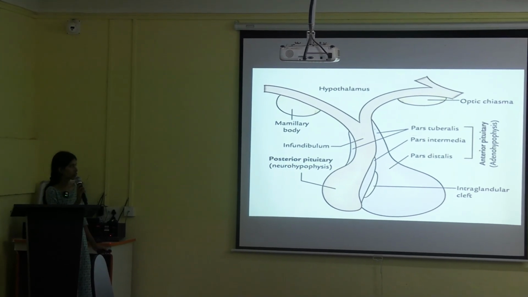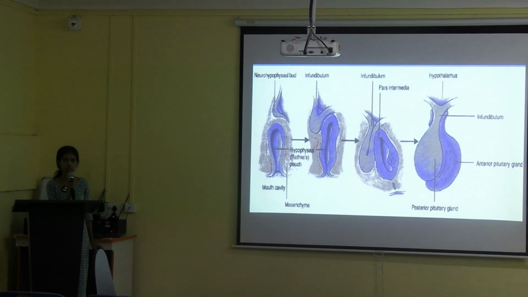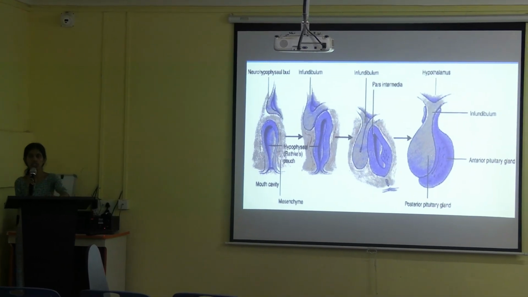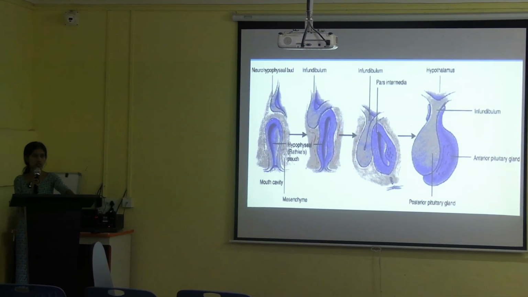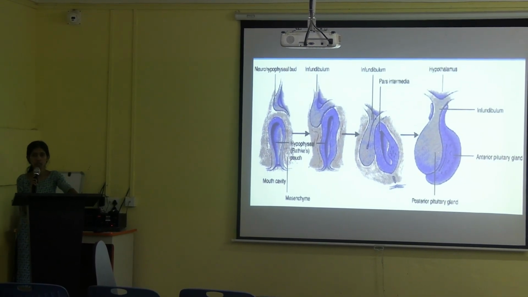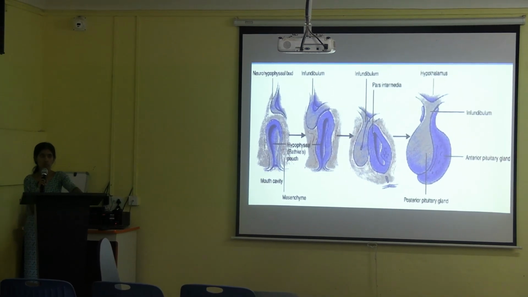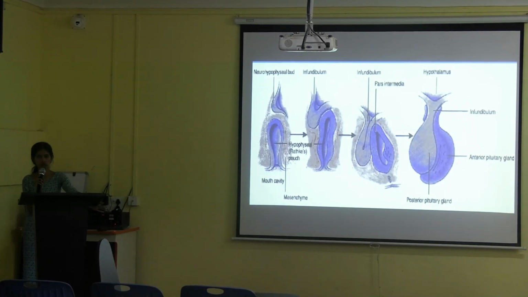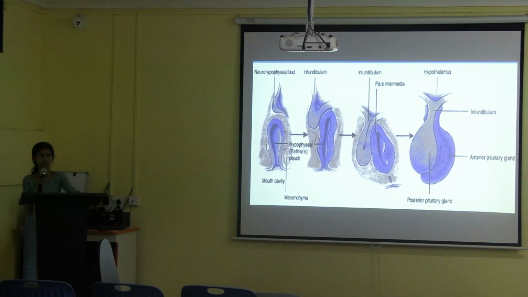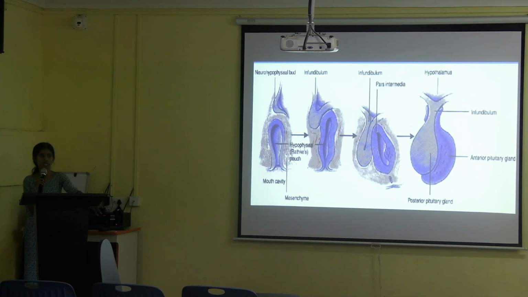Okay. Next we have neuroectoderm, that is the second source or second embryological basis for the development of pituitary gland. So what is the source? What are the derivatives? Embryological basis or source is the neuroectoderm. So from which ectodermal lining are the cells getting differentiated?